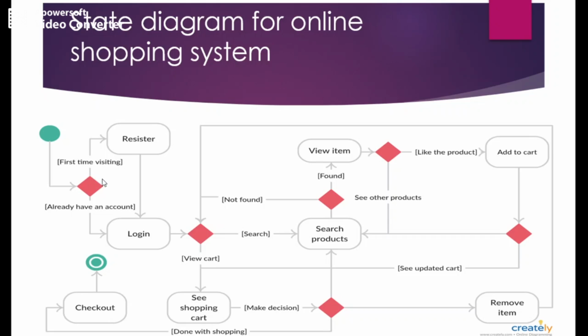So here we have the decision maker. So the message, whatever event you are passing, if you are visiting that site for the first time, then you will move to which state? Register state. Means you need to register here.